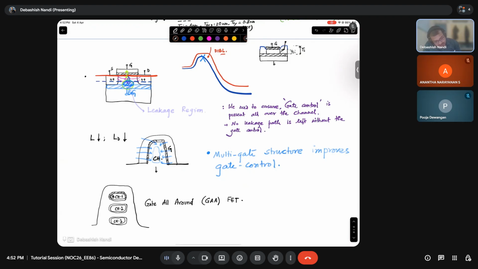So in that case, in no way are we leaving the channel outside gate influence. Okay. So this channel shape can be like this, circular. So we call it then GAA nanowire. Or it can be like a sheet. The channel structure can be like a sheet.